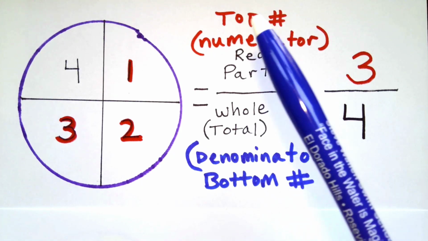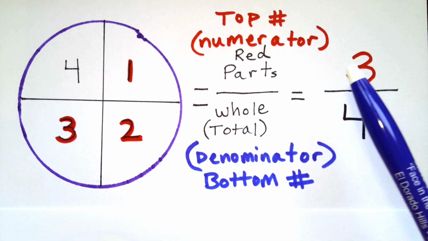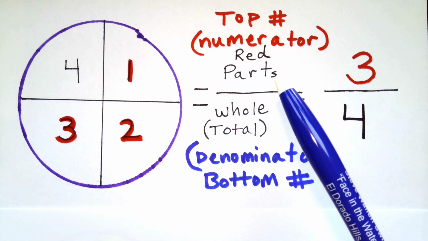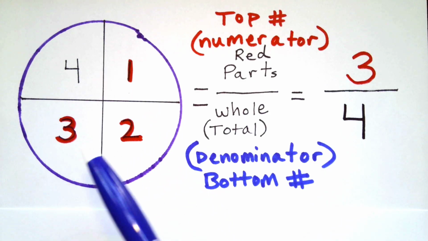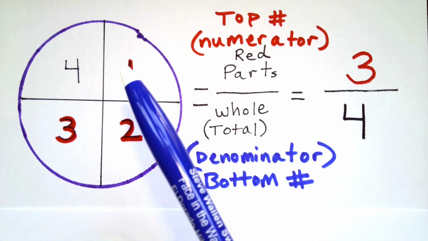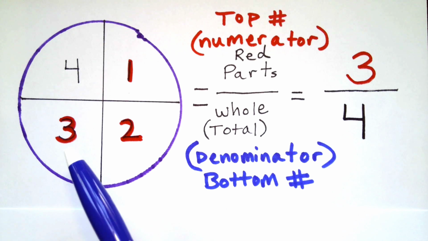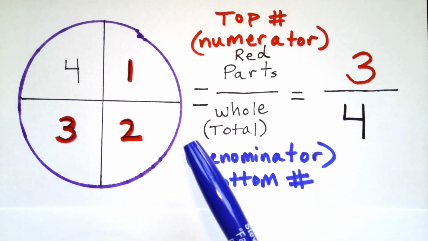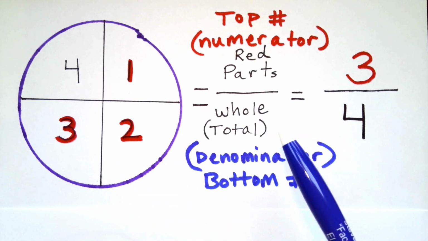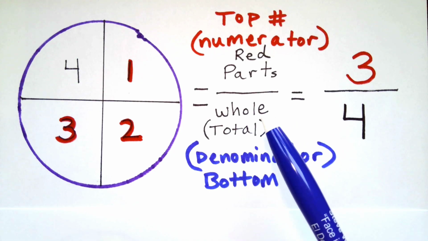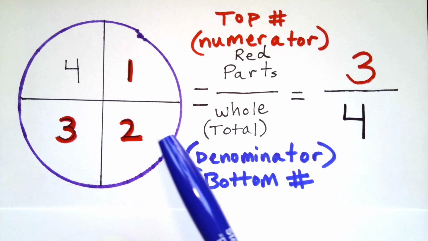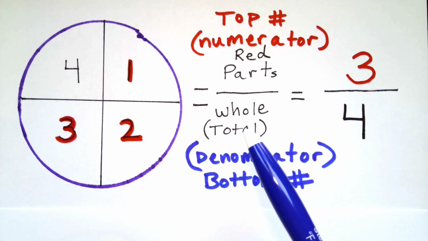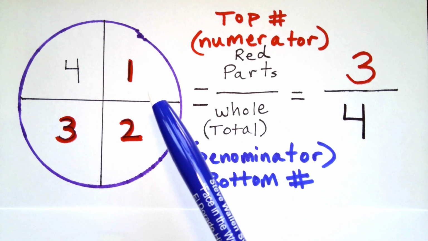So the top part of our fraction here, 3, is going to represent the red values. 1, 2, 3. I have 3 parts highlighted in red. The bottom part of the fraction here, the 4, represents the whole or the total. There's 1, 2, 3, 4 total pieces in this circle.